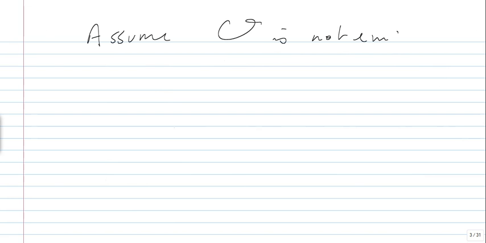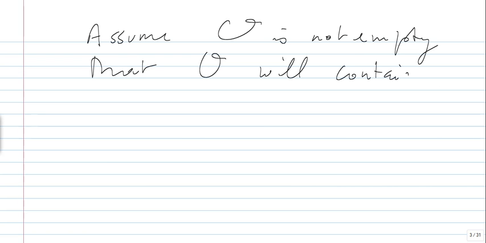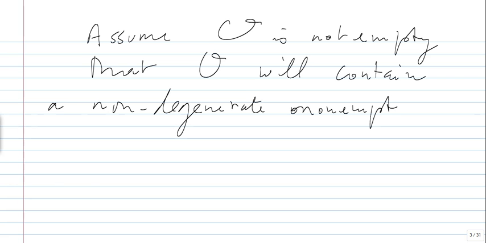In this case, we know that O will contain a non-degenerate, non-empty open interval. Of course, if you have a non-empty open interval, it is non-degenerate, but I'm just stressing the fact that the length of this interval will not be 0.